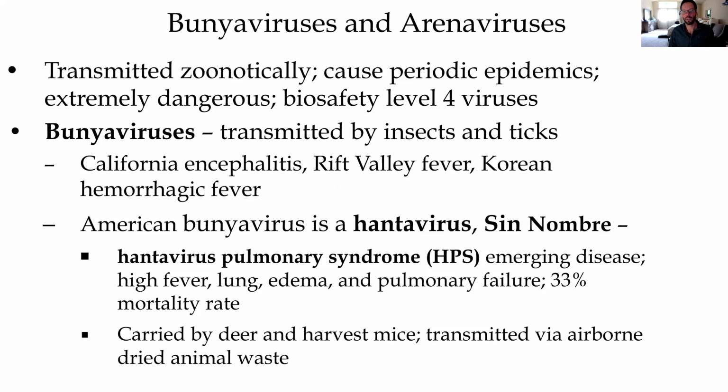It can be carried by deer, mice, even airborne if the waste... So remember, all these viruses get shed out through our waste, and if you have dried fecal material from these animals that then gets aerosolized as it decomposes, now you have those viral particles, and it can infect you by breathing it in. And the deer and the mice get it from these arthropods that bite them or live on them.